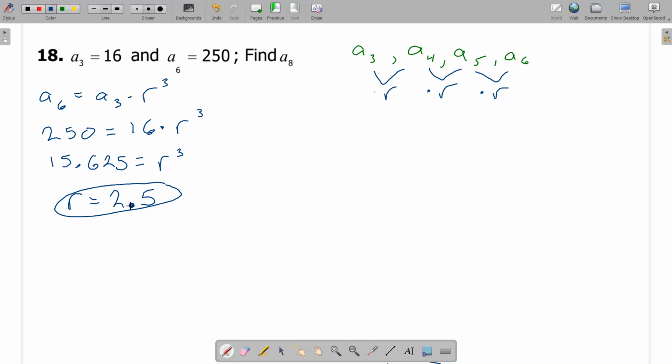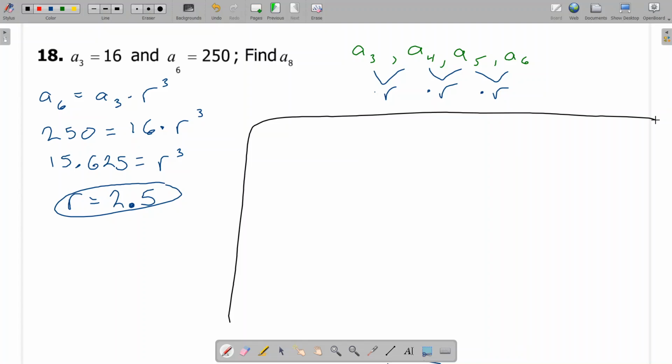So just like last time, once I know this r value, now I can find what I want to find here. We want to find the 8th term. Thinking about what we know, I have a subscript 6. We would need to multiply a subscript 6 by r twice to get to the 8th term. So we can say that the 8th term is equal to a subscript 6 times r to the 2nd power.